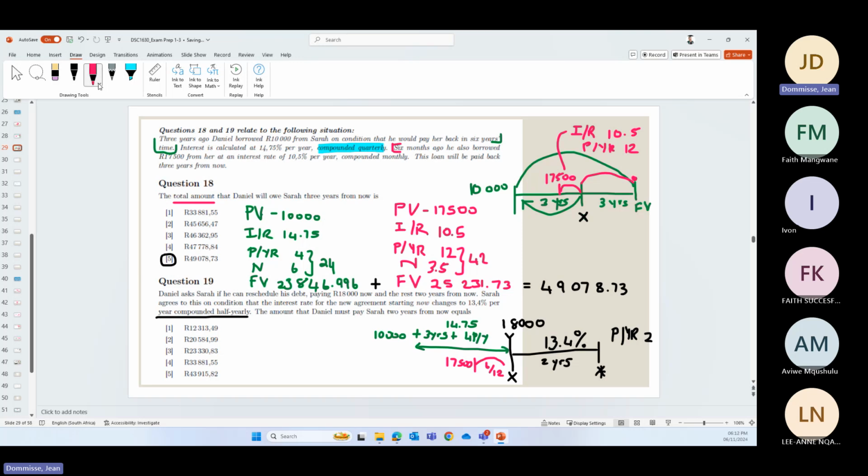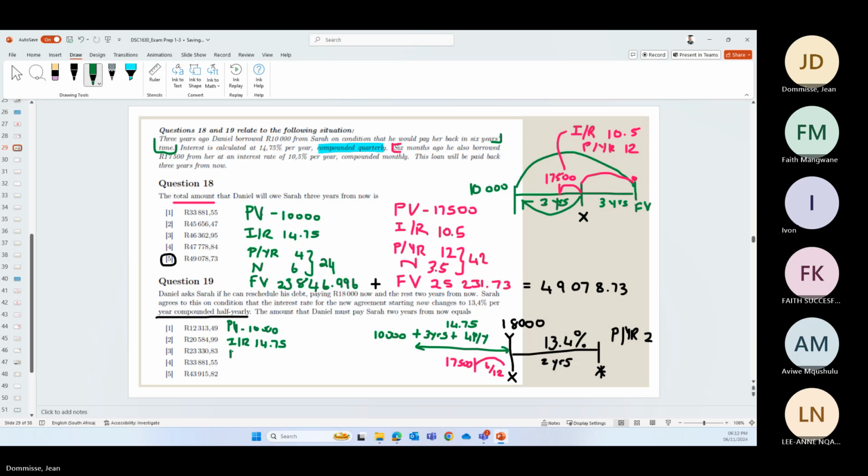So let's do the green component first. So we will definitely make enough space. So that is for minus 10,000. The interest rate stays exactly the same with 14.75.